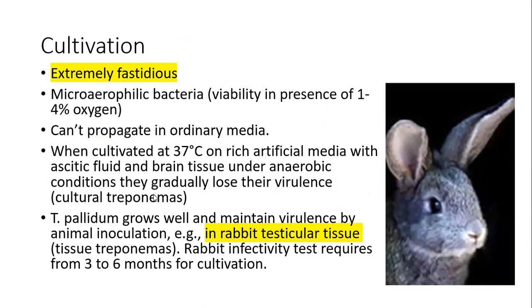Treponema pallidum grows well when maintained by animal inoculation in rabbit testicular tissue. Rabbit infectivity tests require from 3 to 6 months for cultivation, and that's why the bacteriological and cultural method is not good for diagnosis, just for science reasons.